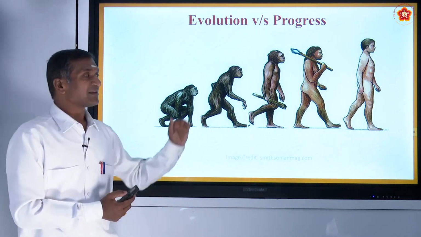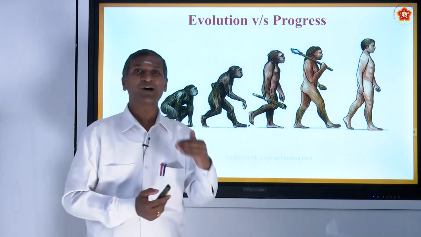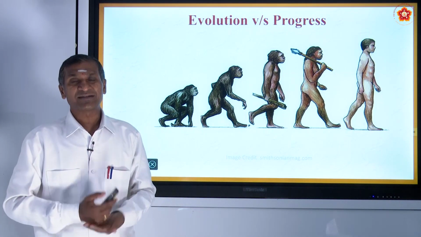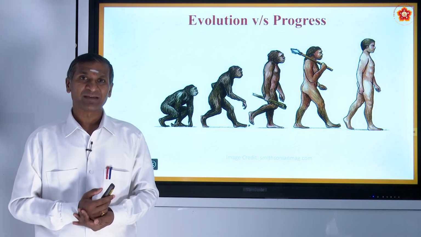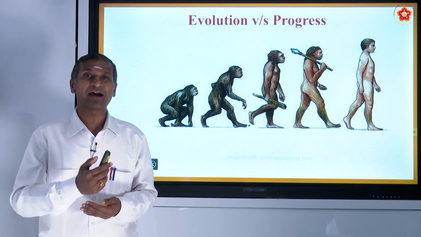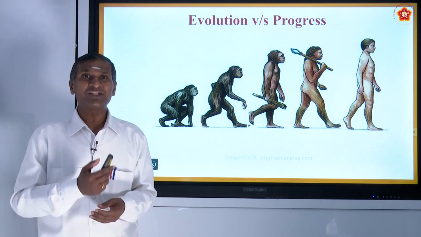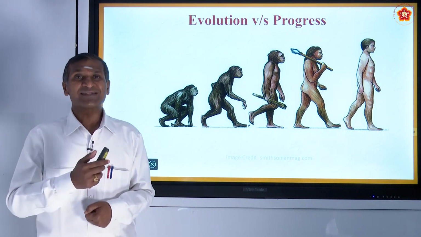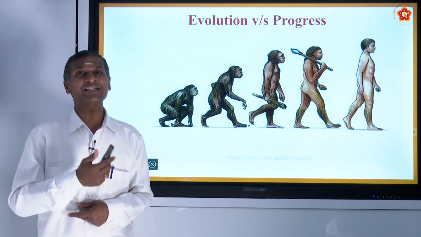Progress is that the human being, as he developed further, started to live on the banks of the rivers and started irrigation and agriculture, which made him build houses, grow food, and cook and consume the food. Civilization, nagarikate, that is progress.